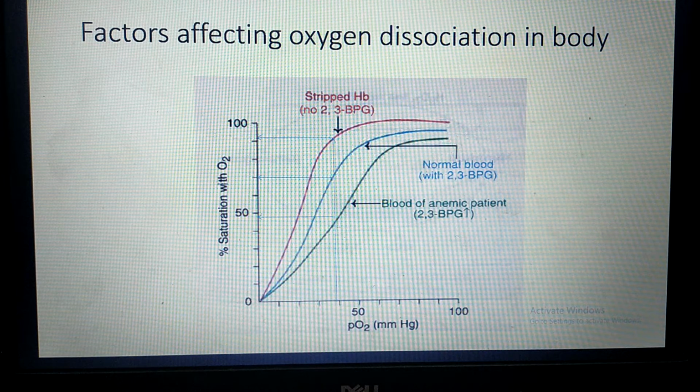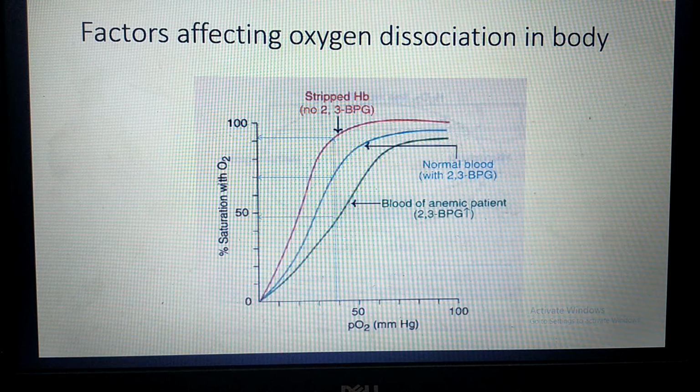When the concentration of 2,3-BPG is less, the oxygen dissociation curve shifts to the left. That means it has dissociated less oxygen to the tissue, or hemoglobin has released less oxygen to the tissue.